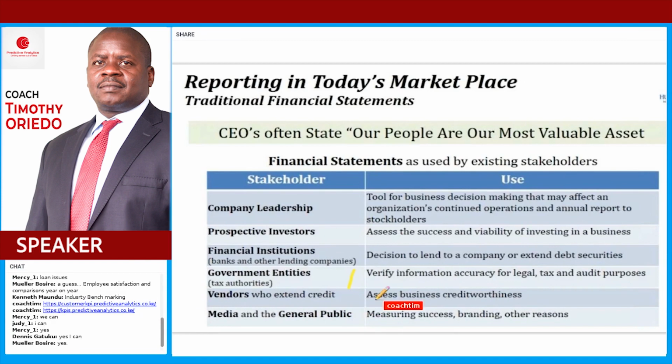Then vendors, who want to extend credit, might want to check your creditworthiness and ascertain whether you're a good fit to do business with. And then the media and general public, always wanting to report about the performance of the organization and seeing how they can create a positive report about the stakeholder, your PR.